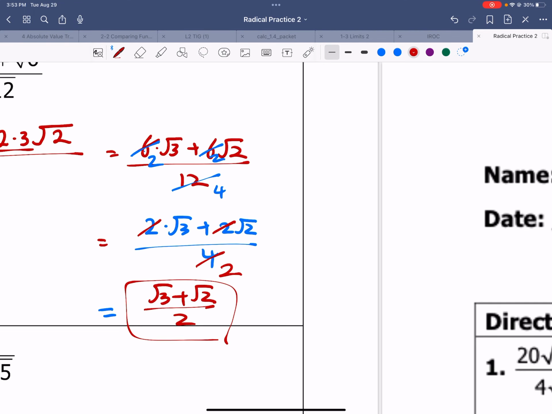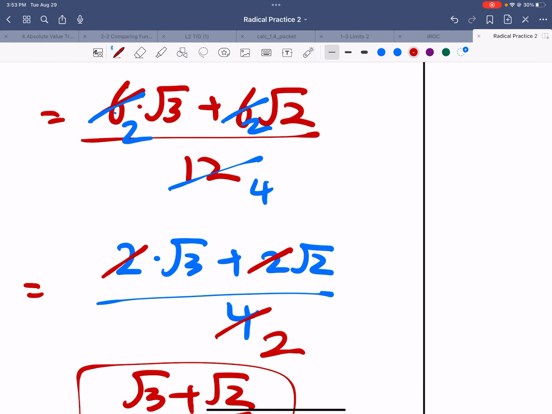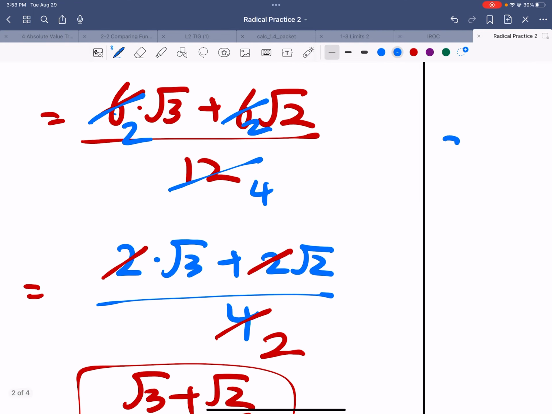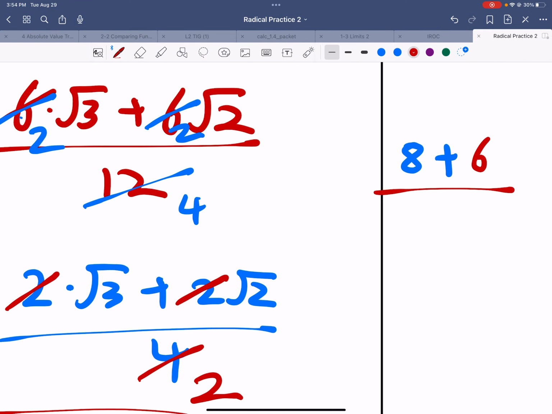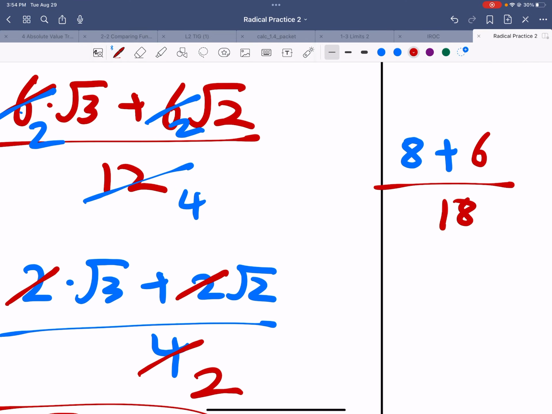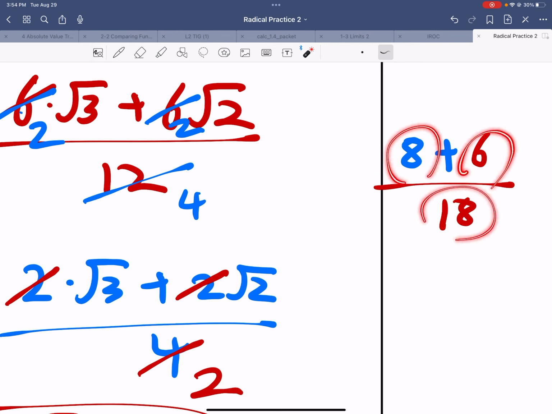If you don't know what I'm doing here, this is what you can look at. Let's say I have 8 plus 6, I'm just making this question up, over 18. Obviously what I can do is add 8 plus 6 and then simplify, but let's say I don't do it. So what I can do is divide by 2 for every single one of these numbers, right?